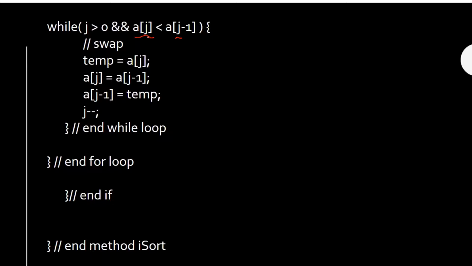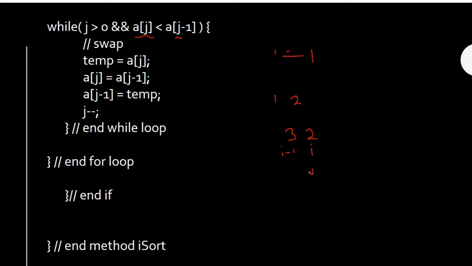So a of j is just like a of i, and we compare it with the previous, that is a of i minus 1. So in this case, when our i is 1, if a of i is less than a of i minus 1, that is we have a sequence 2 3, or we have 3 2. So this is our i, the current value, and this is i minus 1.